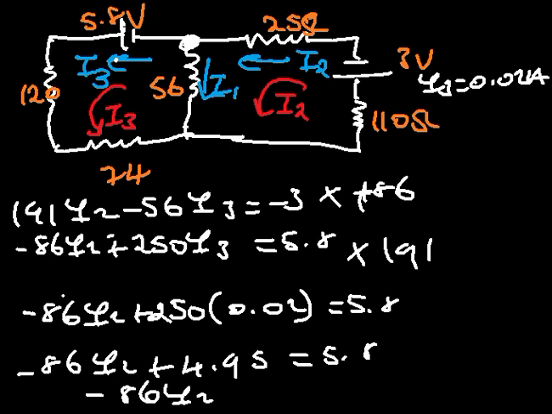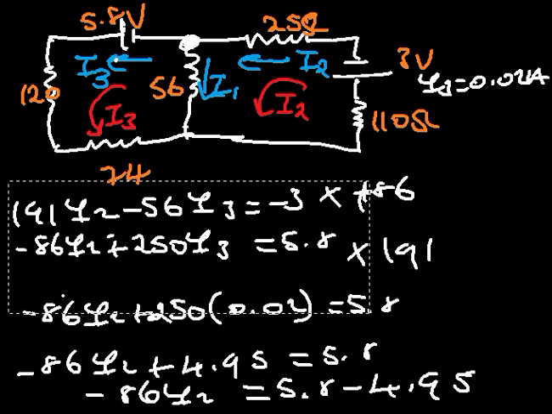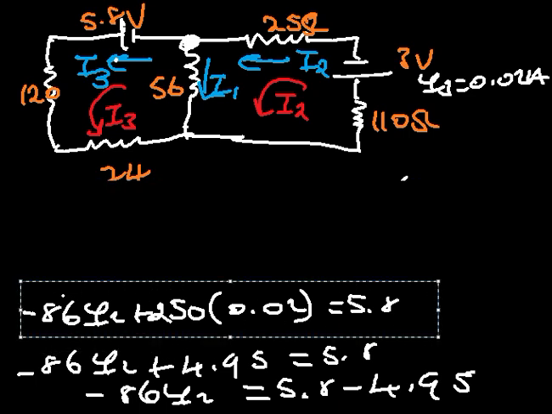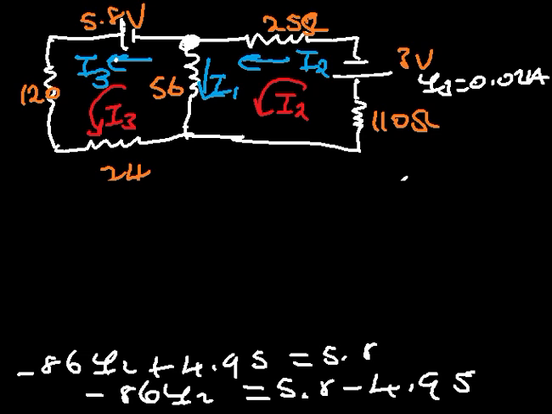So which means we'll have 5.8 minus 4.95. So negative 86 I2 is equal to 0.85.